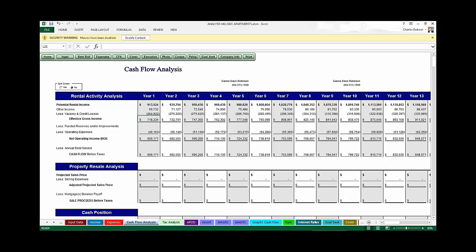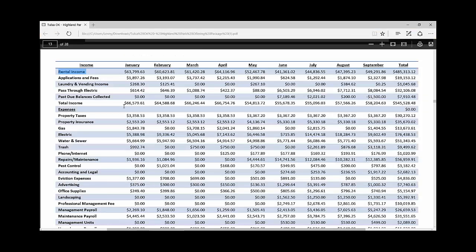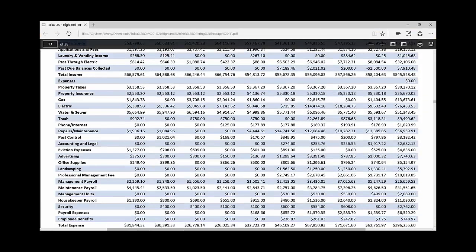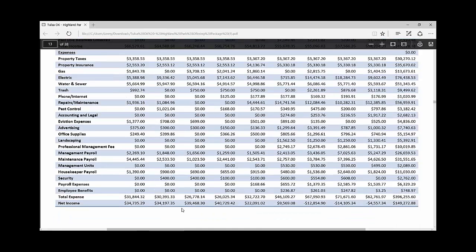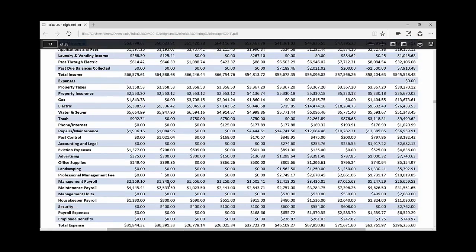Now, let's get down to the expenses. I'm not going to go through every one of these line item expenses. I'm just going to lump them all together. You're going to need to go through each one of them and make sure that they're right. It'd be crazy for me to go through each one.